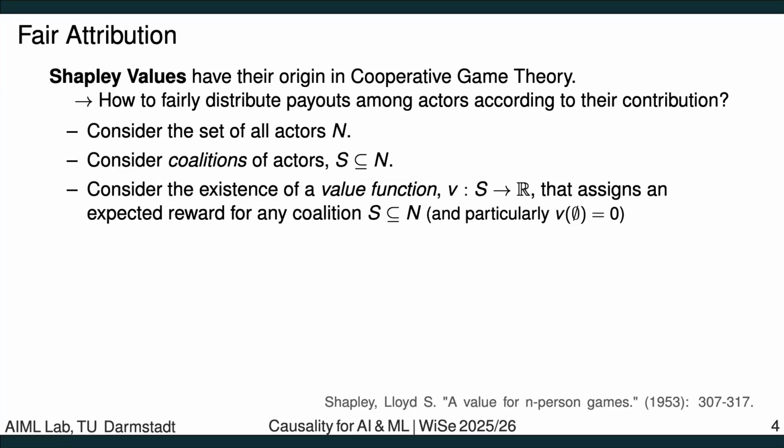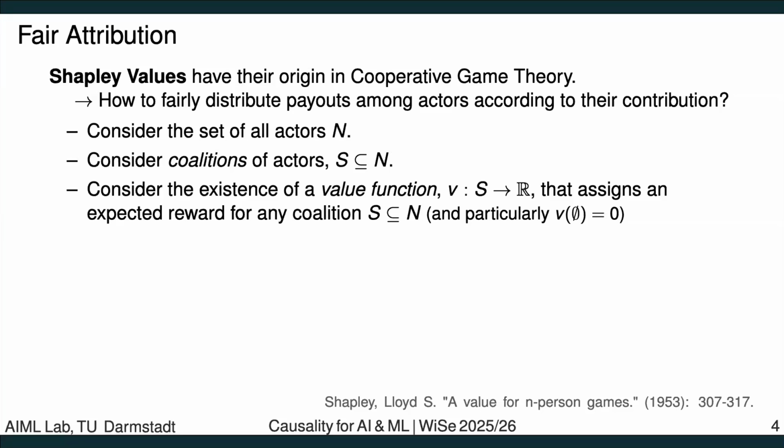You say, okay, I have a set of actors N. They form coalitions, which are always subsets. And then I have some sort of value function that can tell me for every coalition the reward that the players would get if they were to participate in a game or perform some sort of action.